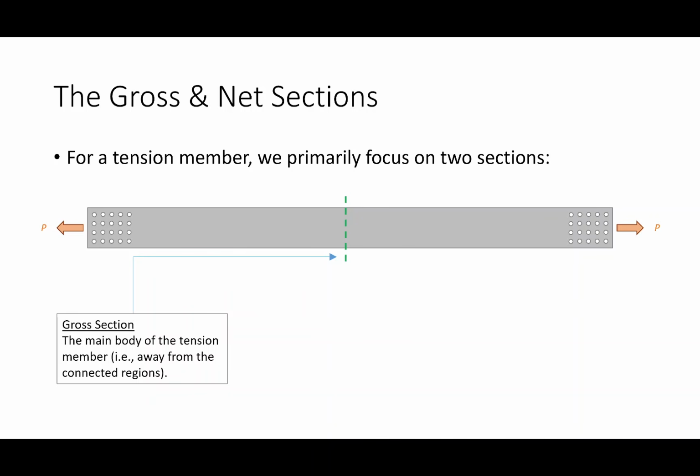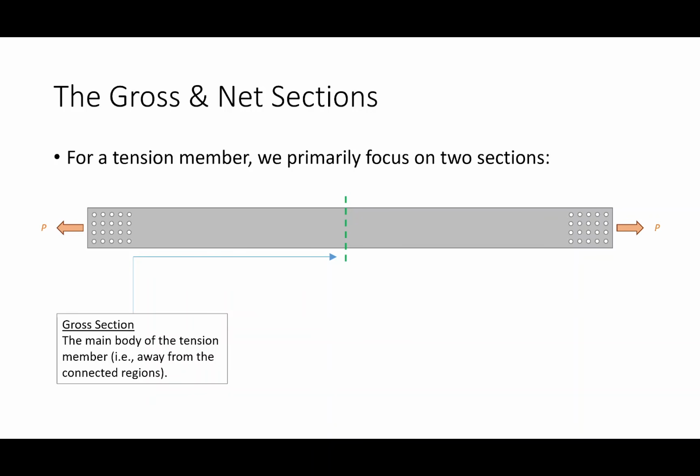Now, the gross section is just anywhere in the main body of the member, anything away from the connection. It really wouldn't matter if I cut a section here or here or here, because it's all the same area. With me so far?